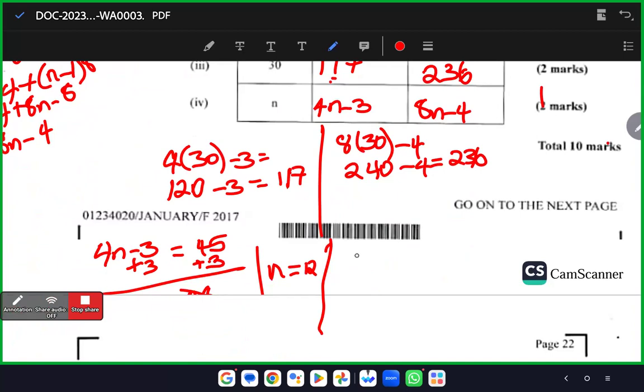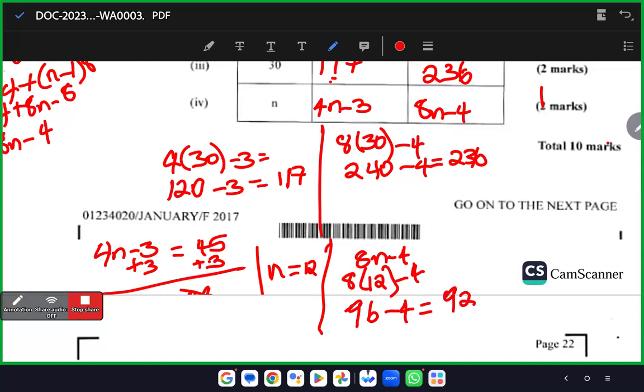So the perimeter, which is 8n minus 4, would have been the same thing as 8 times 12, seeing that n is 12, minus 4. And 8 12s, guys, as you know, would have been 96. 8 2s are 16, 8 1s are 8, and carry 1, that would have been 96. And for this, you would minus your 4. 4 from 96 would actually be equal to 92.